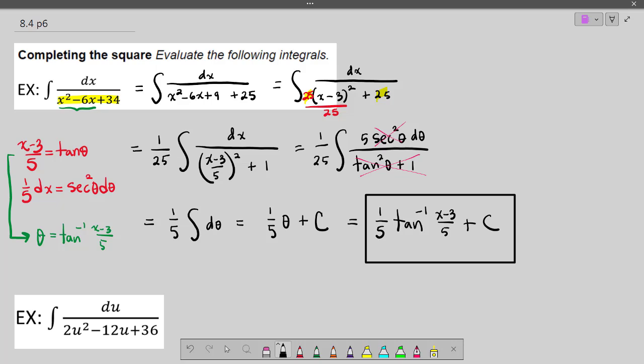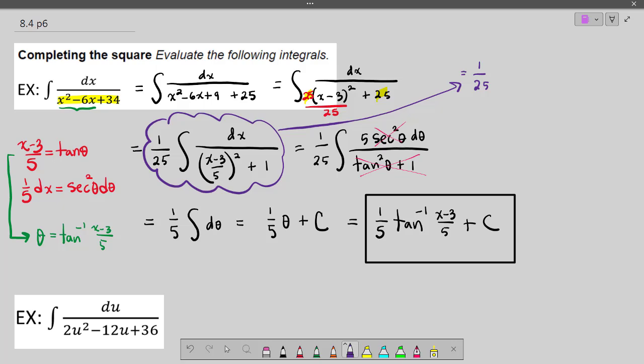Now if we did it directly from this stage right here, you could say this is equal to 1/25th arctangent of what's in the parentheses, divided by the derivative of what's in the parentheses.